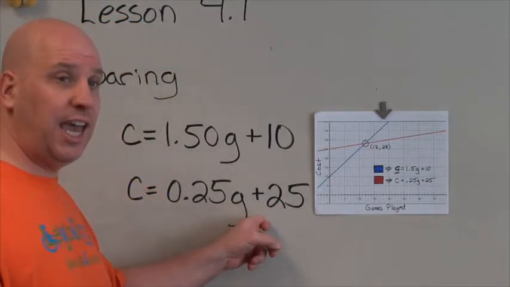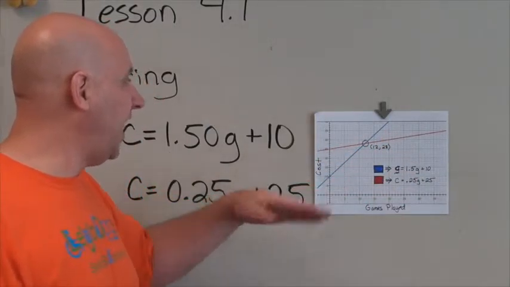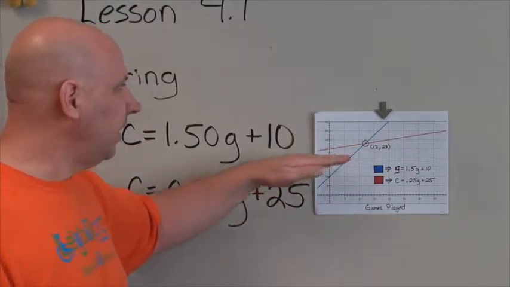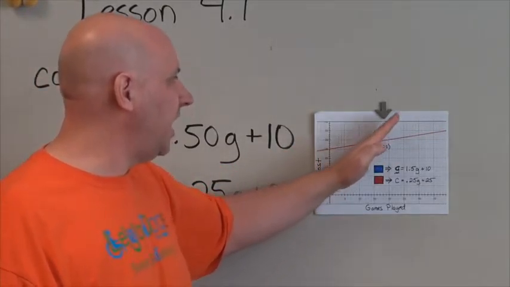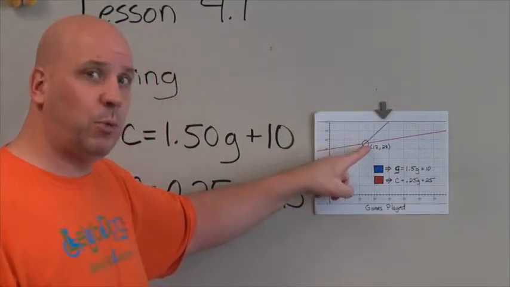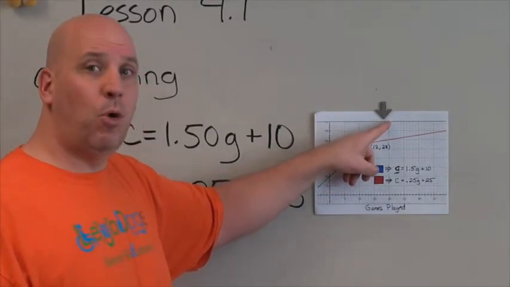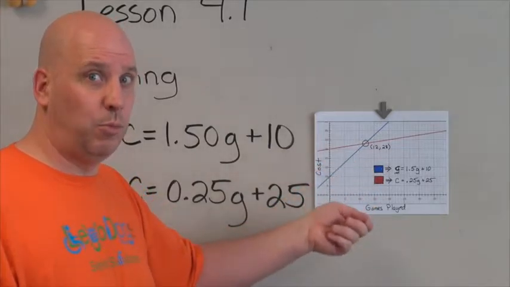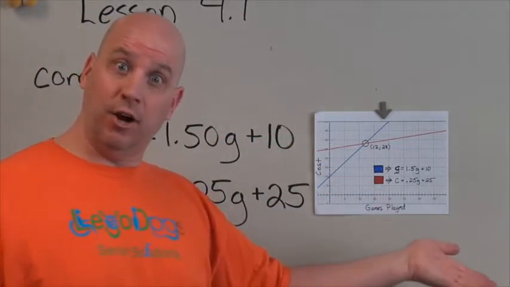If you were in Arcade B and you went past 12 games, then you see that this is actually a better deal than Arcade A, because the minute you get past 12 games in Arcade A, even though it's cheaper to get in, the cost is going to be more because the price per game is more. So it really depends on how long you're going to be there.